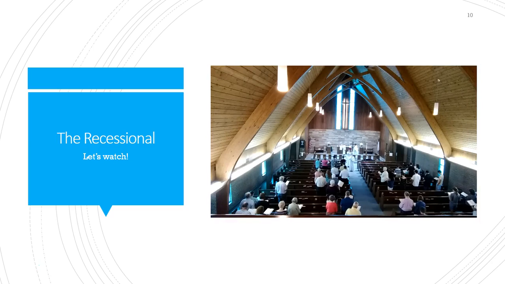And you'll see again that everyone is in the same order they were when you walked into the church. So first we have the crucifer, followed by the Bible bearer. Next is the acolyte, and then the pastor.